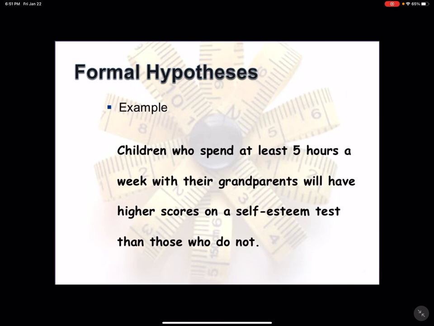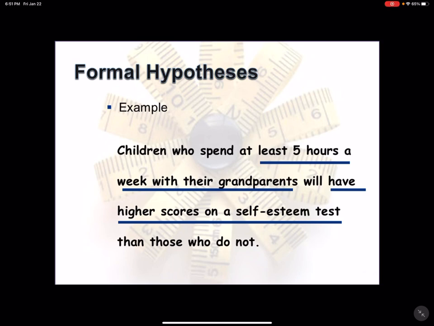Right, I know you were just shouting those out wherever you are. Notice that our variables are operationally defined. Time is not just any time, it's 5 hours a week. Self-esteem is not how much they puff their chest out and stand up straight. It's scores on a self-esteem test. So we've got operational definitions and a prediction.